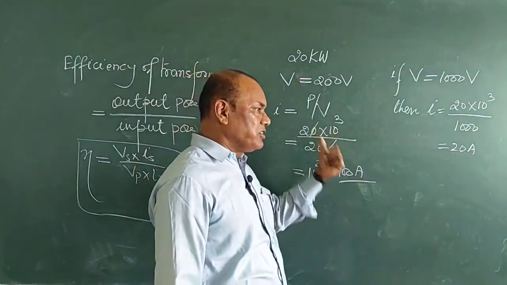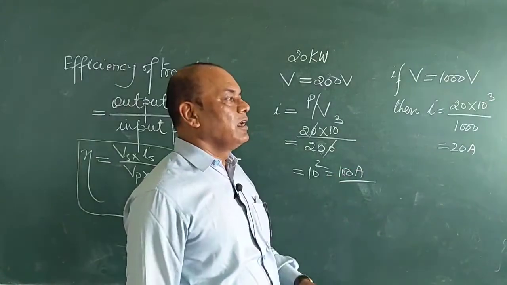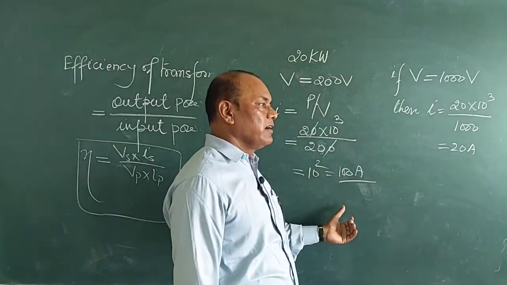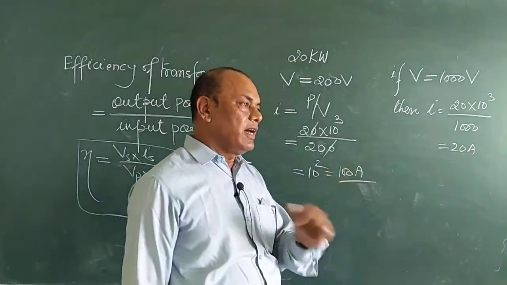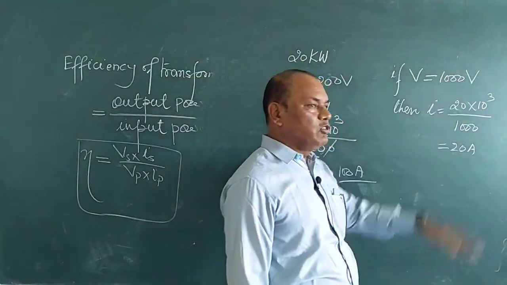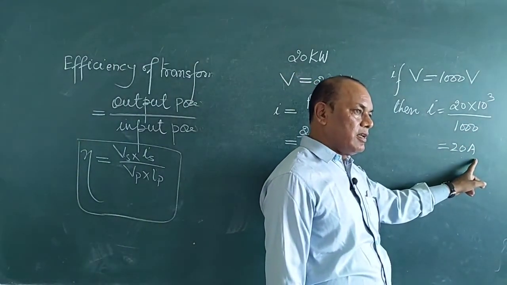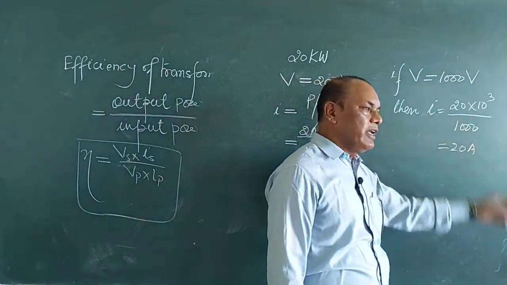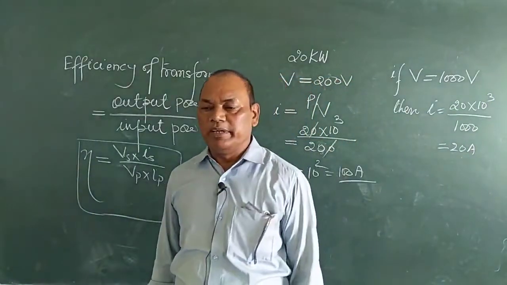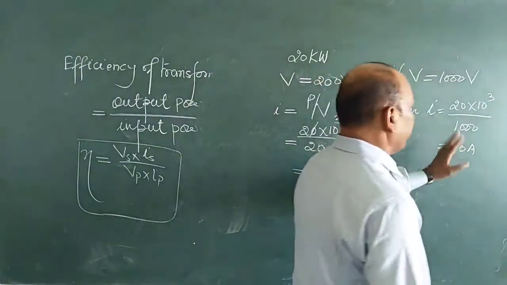So very thick conducting wires are required, and that is the inconvenience of sending current. But if we increase the voltage up to 1000 volt, then current reduces to 20 ampere, and this smaller amount of current can be easily sent from one point to the other through thin conducting wires.